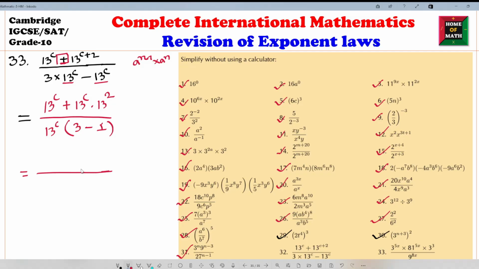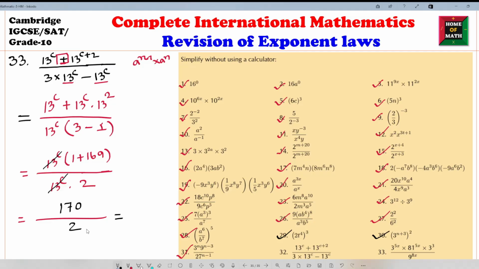Now here we can take common 13 to the power c. So here is 1 plus 13 squared, which means 169, and here 3 minus 1 will be 2. So 13 to the power c cancels out, 169 plus 1 will be 170, divided by 2.